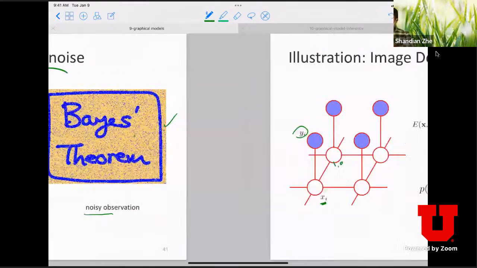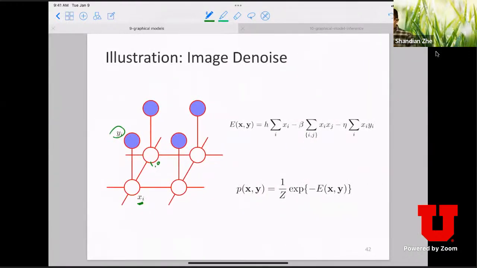And between the xi, because each pixel neighbors the surrounding pixels, we can construct a graph. We just make an edge between every neighboring pair of pixels. This is our graphic structure.